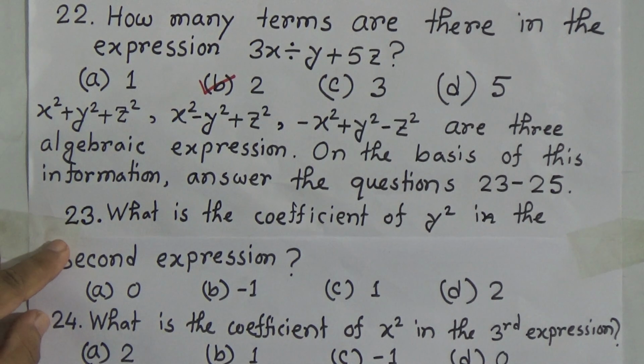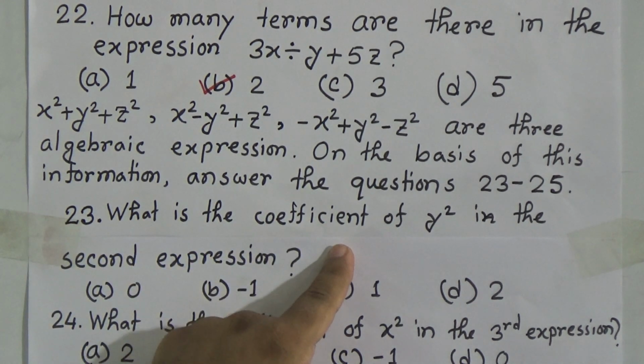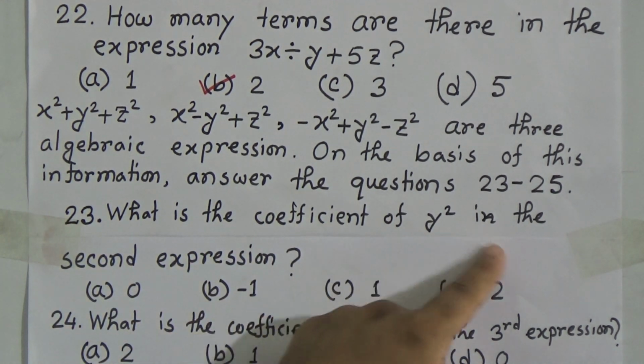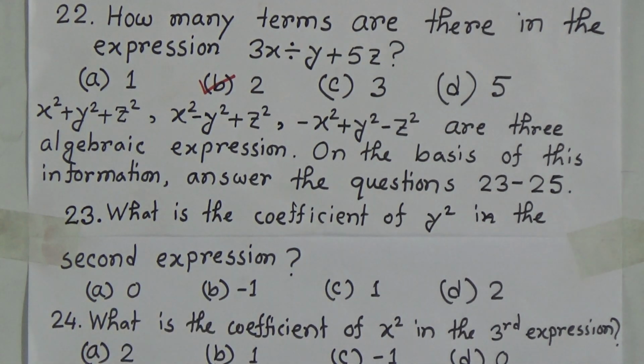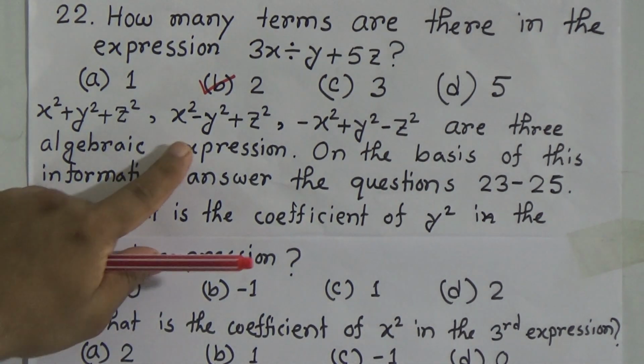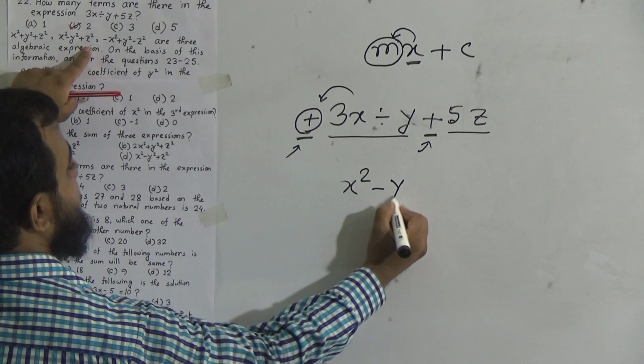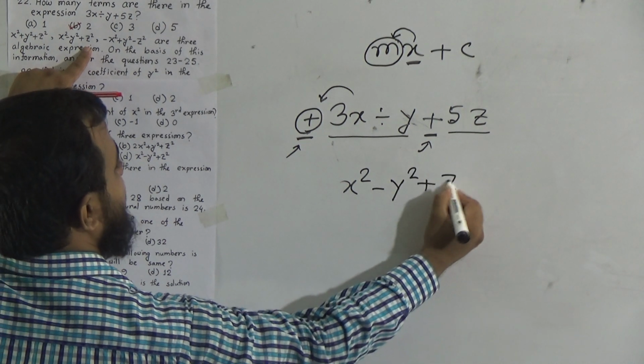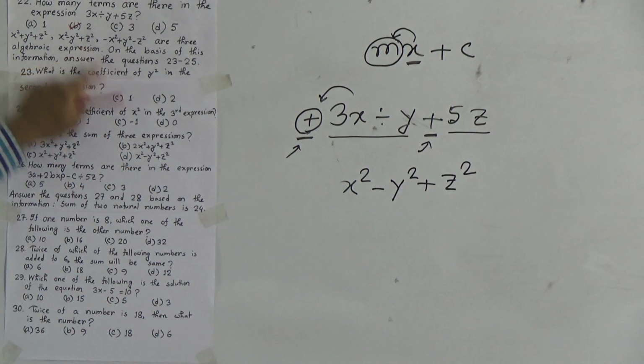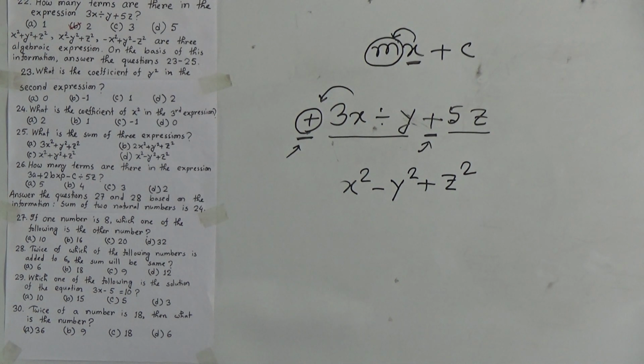Okay, number 23. What is the coefficient of y square in the second expression? The second expression is x square minus y square plus z square. This is our second expression, and we have to find out the coefficient of y square.